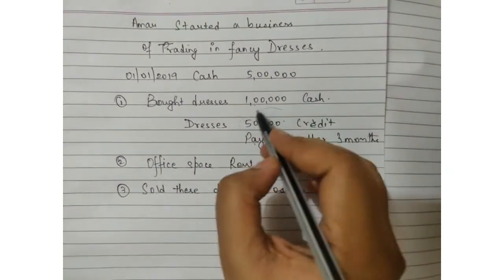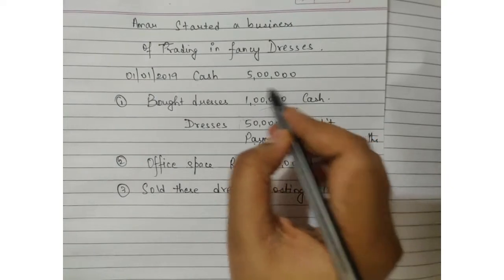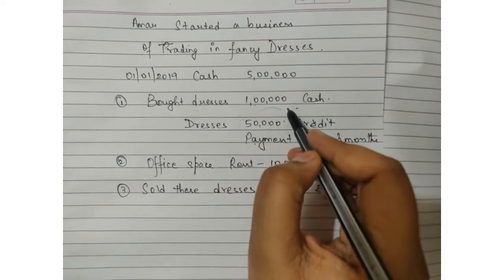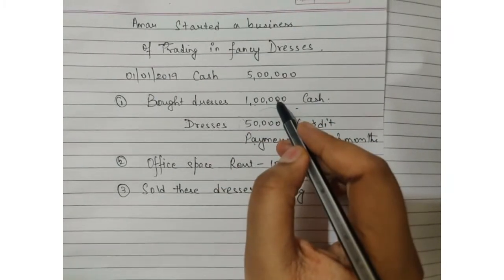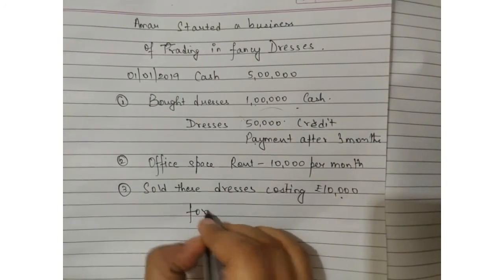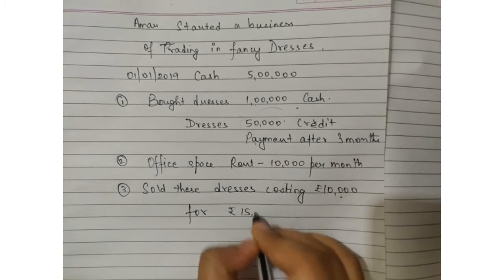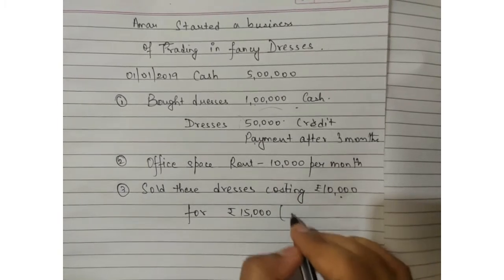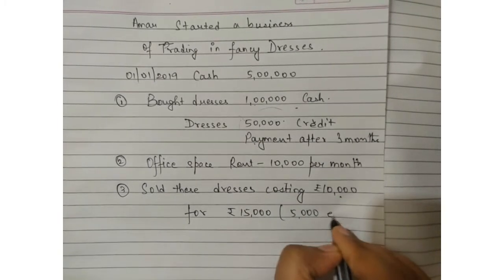So for now he has total dress of 1 lakh 50,000 rupees. Out of these 1 lakh 50,000 rupee dresses, he sold the dress costing 10,000 for rupees 15,000. That is 5,000 extra.